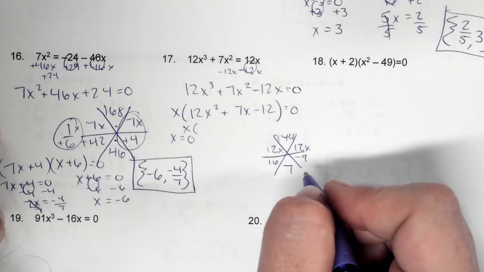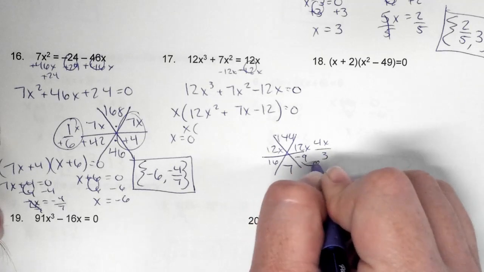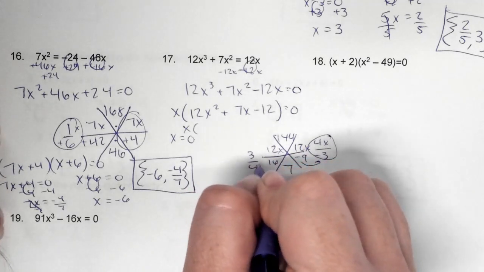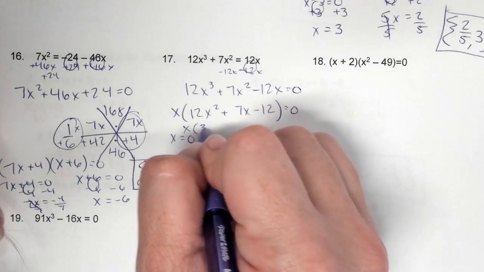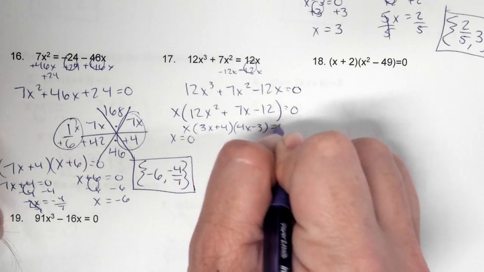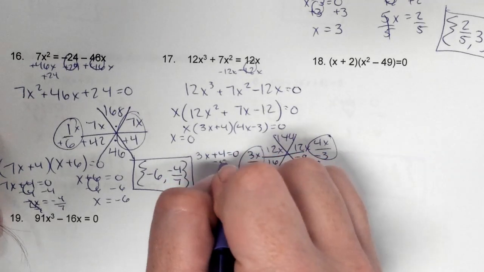Both of these simplify. So this simplifies to 4x over 3, negative 3. And this simplifies to 3 over 4, and this is positive. So 3x plus 4 equals 0.